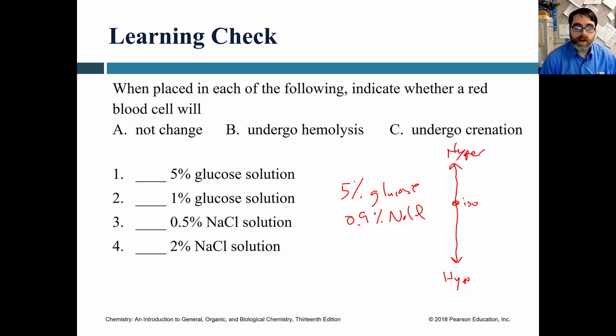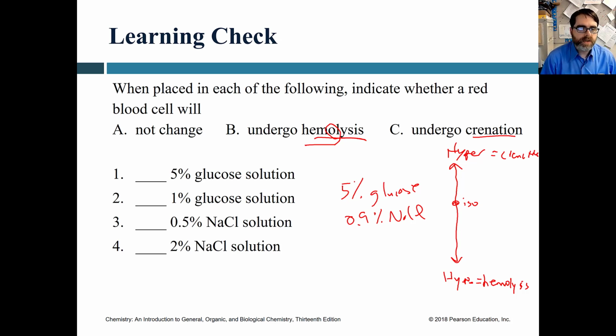Now, we're not asked to identify it as hyper or hypo specifically, but instead whether it will cause hemolysis or crenation. Well, the way that I remember this is the hemolysis is related to the hypo, that they both have that O in the middle, and so this one's going to give us the hemolysis, which means this one here, the hyper, must give us the crenation.